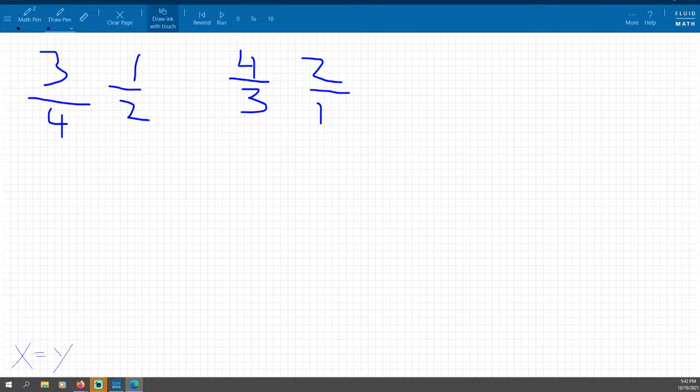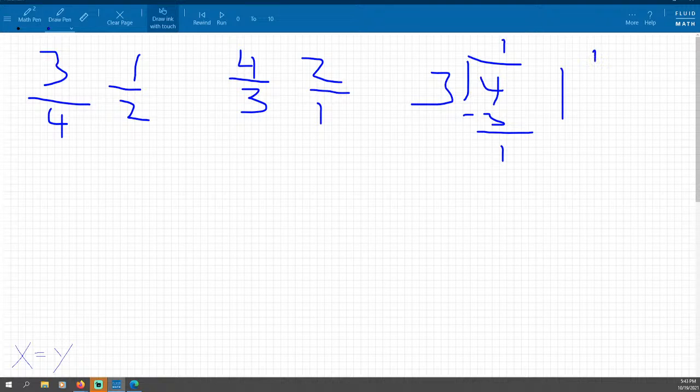So 3 goes into 4, so you're basically going to do division. 3 going into 4 goes in 1 time. Then you have 3. Then you subtract 3, and you have 1. So what that's going to change to is your answer on top, 1, becomes the big number. This becomes your new denominator. So it becomes 1 and 1/3.